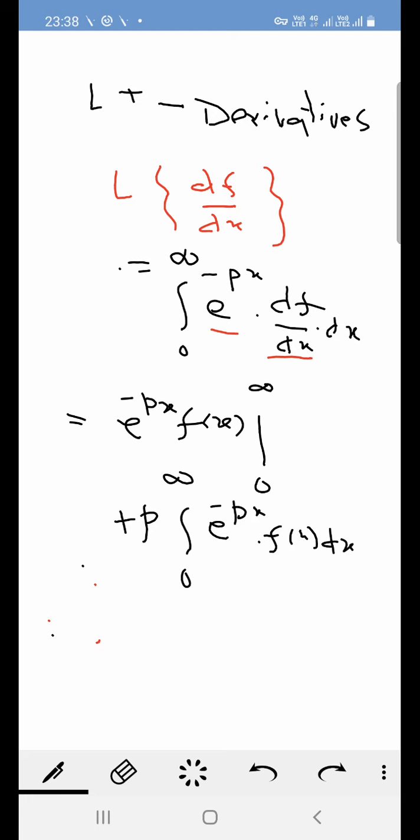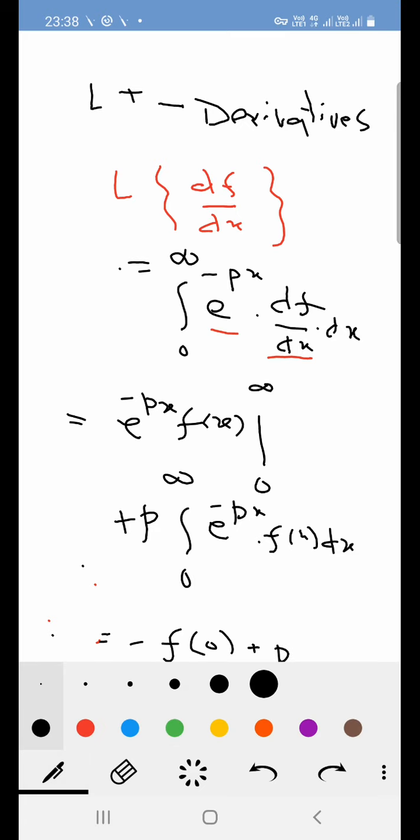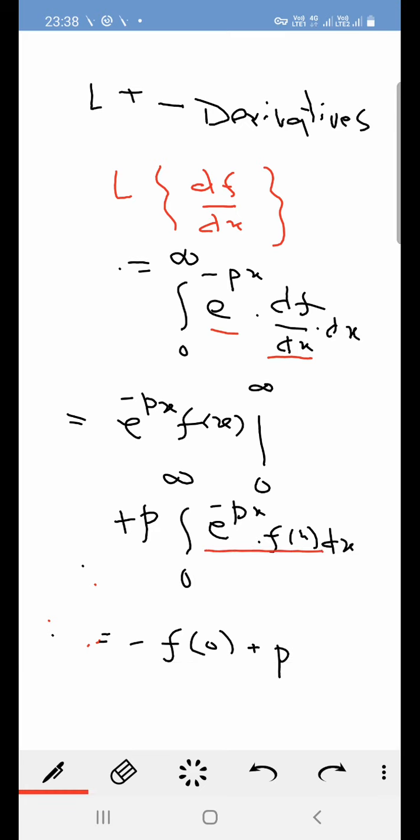So this is nothing but minus f(0) plus p times, again, the Laplace transform of f(x). So it is equal to p into L f(x) minus f(0).